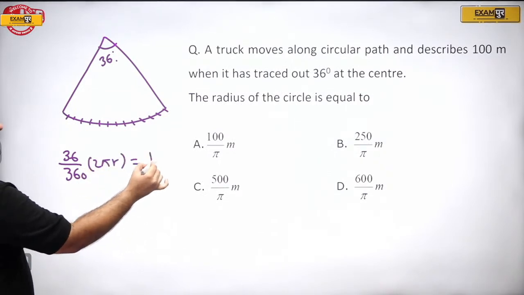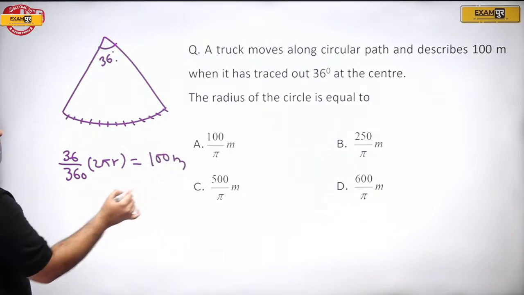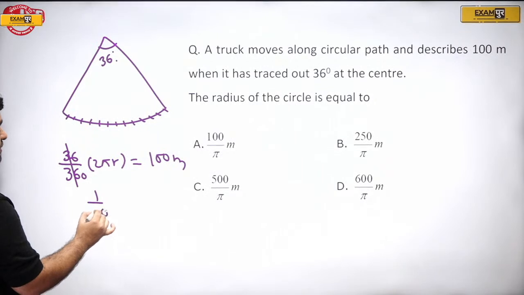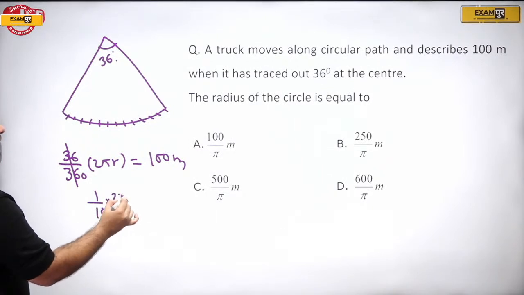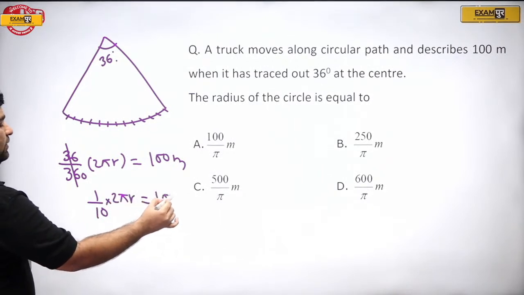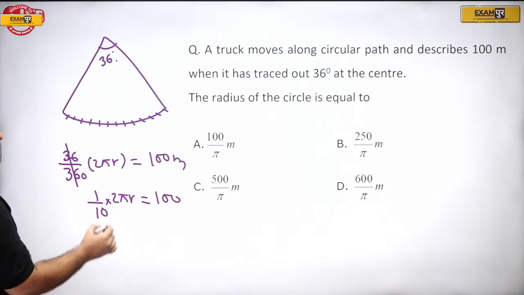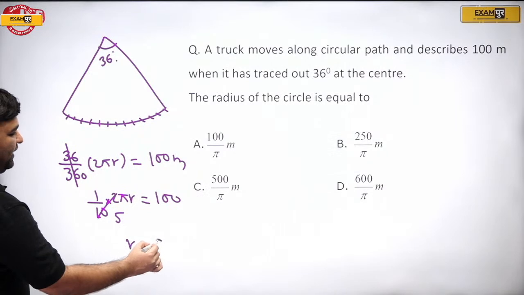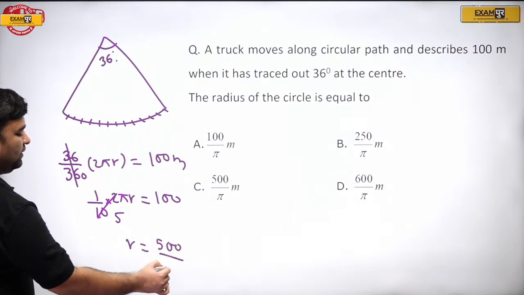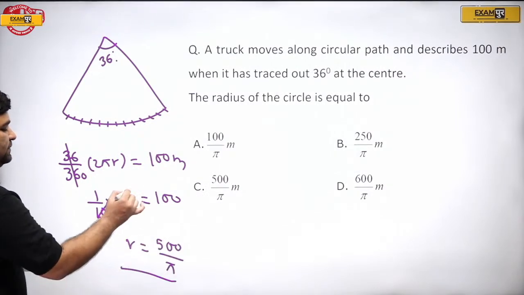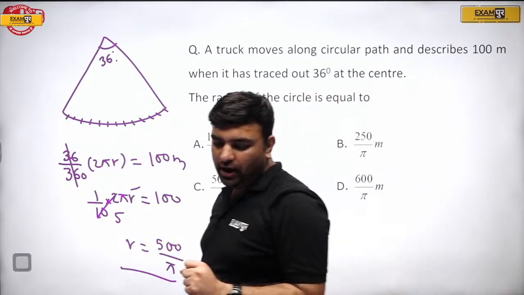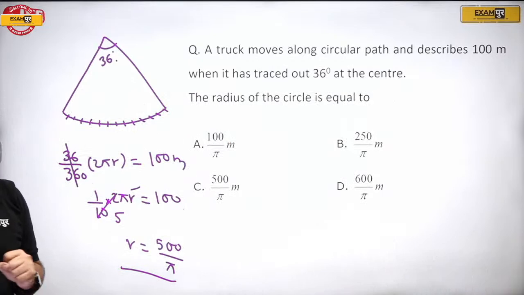It is given as 100 meter. 1 by 10 into 2 pi r is 100. So r comes out to be 500 by pi. Well done, Ikra, Harshit, Ram and Harika. Keep it up.